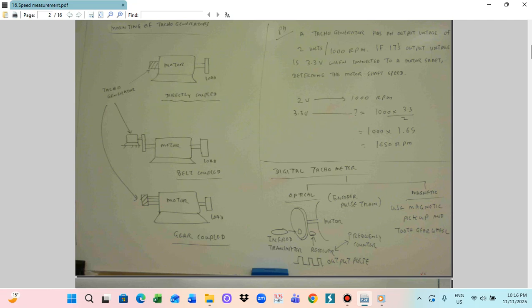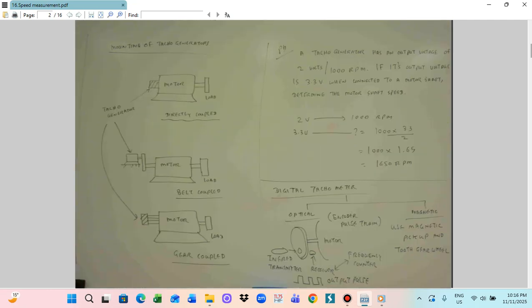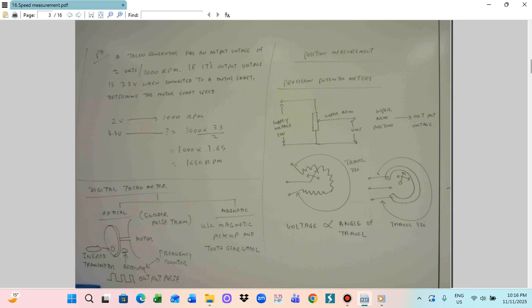So we also attach this to the frequency counter. Those frequency counters are digital circuits. This kind of optical method is also called the encoder pulse train. So this is the way that two kinds of tachometers are produced: one is the analog type and another one is the digital type.